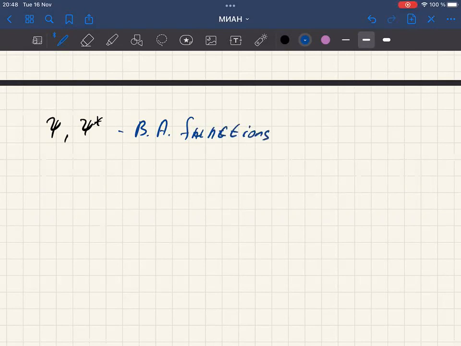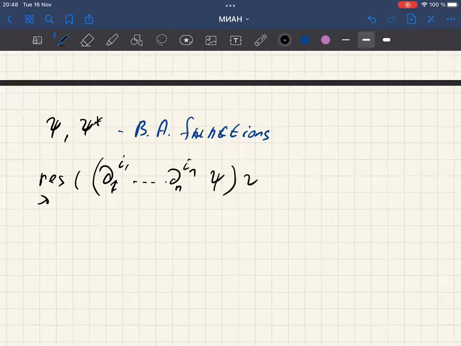Now, after that, we want to show that lambda, now I just want d1, u1, dn, en, psi star equals 0.